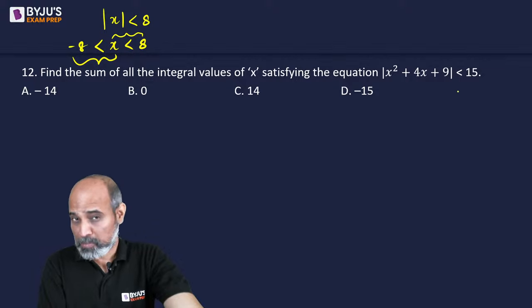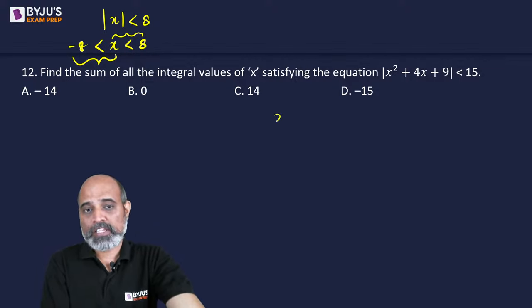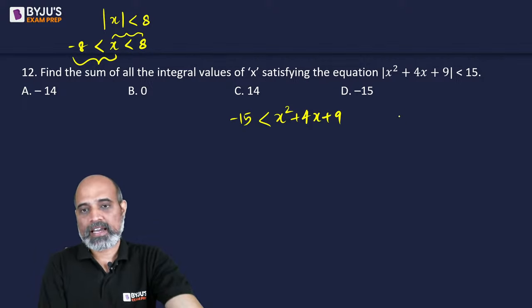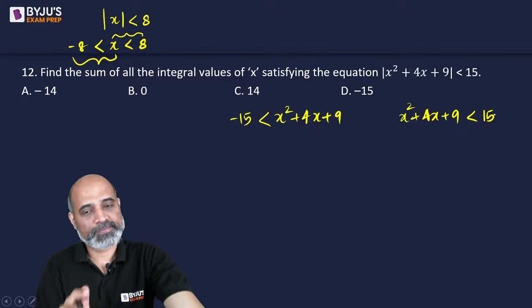So if I remove the modulus over here, I will have x square plus 4x plus 9 greater than -15, and I will have x square plus 4x plus 9 less than 15. ये दो cases बनने वाले.